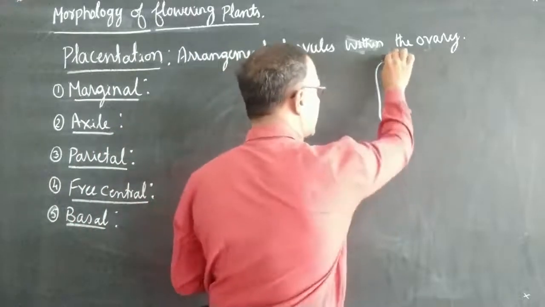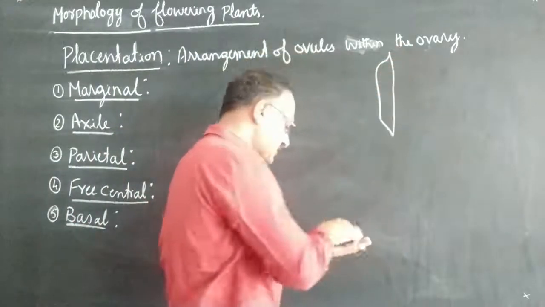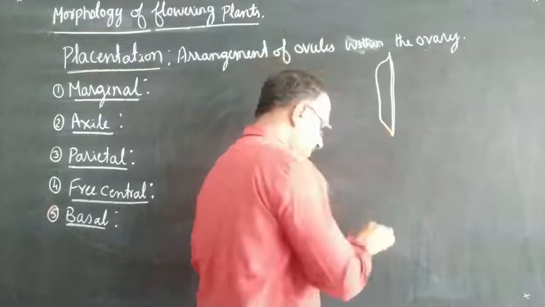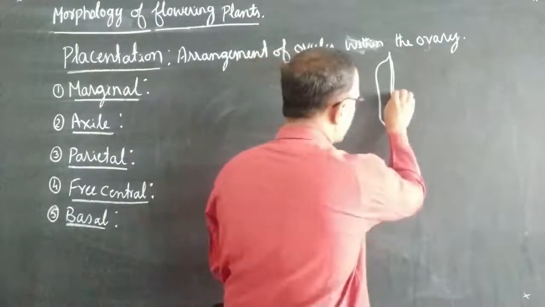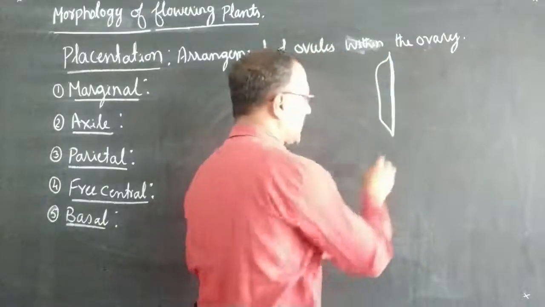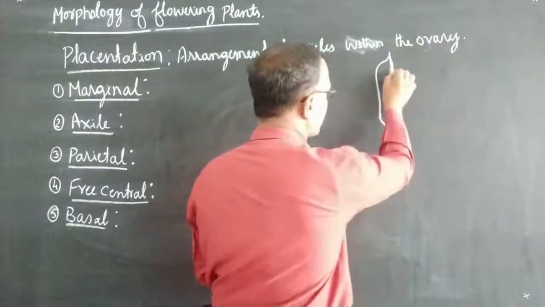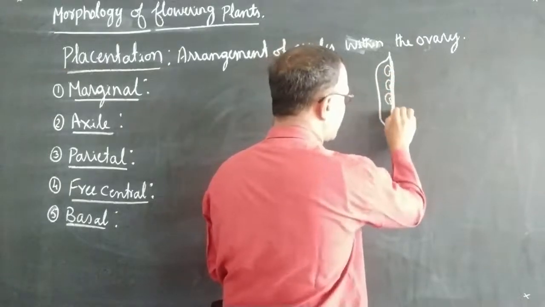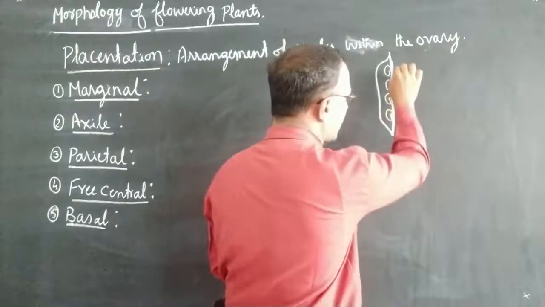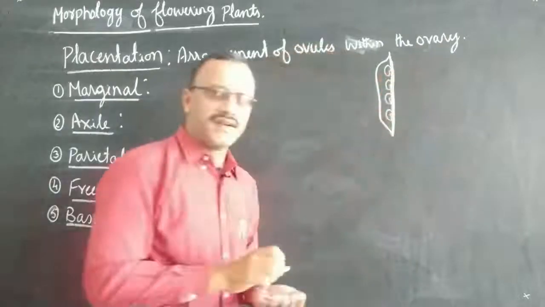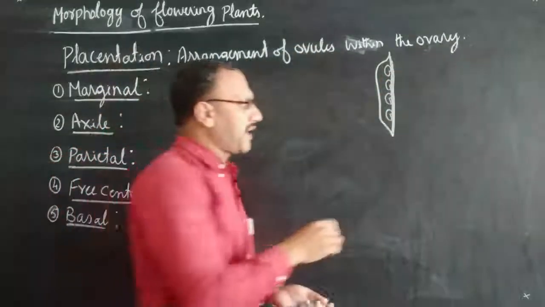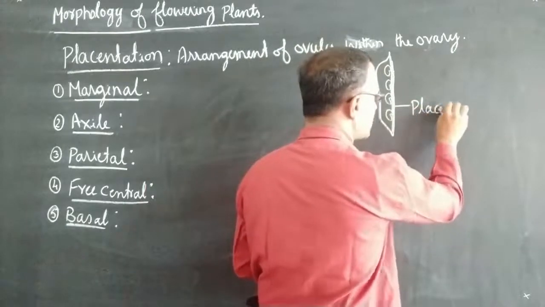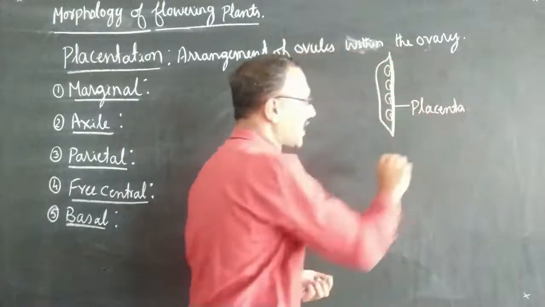All of you might have seen this in beans or pea. There is a stalk to which the ovules are attached. This stalk, which I have shown in blue color, is the placenta. So the placenta occupies the margin.